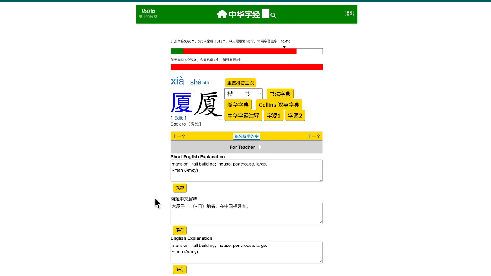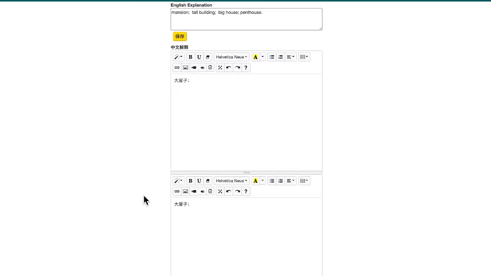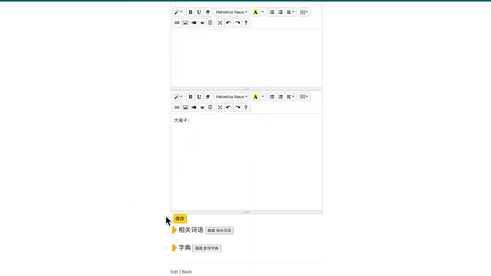You don't say it the other way, that's wrong; you have to say Xiamen. But in terms of referring to big buildings, mansions, you can say 大厦 either way, because both are valid, but most people will say 大厦.